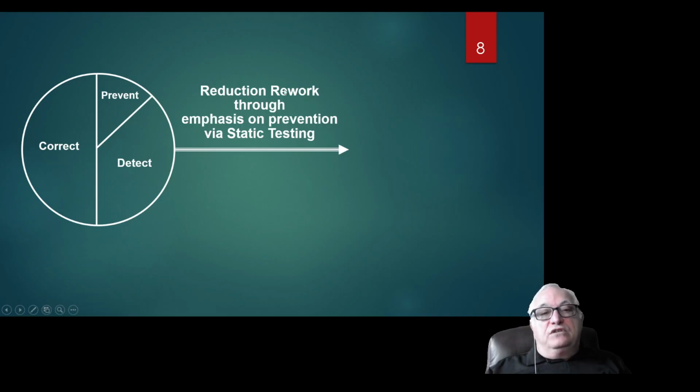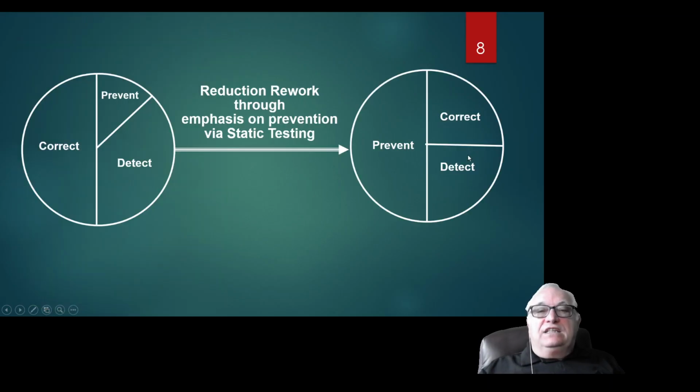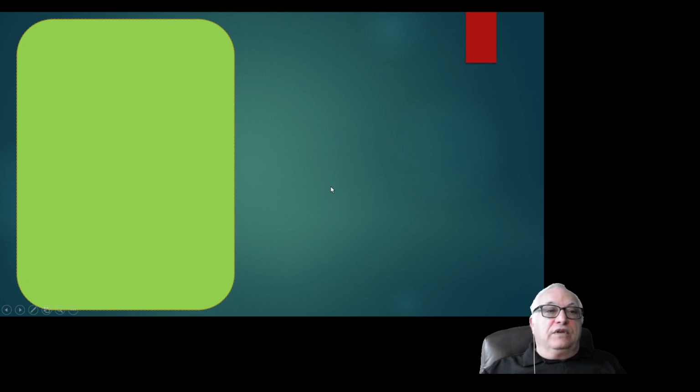So the goal is reducing rework through emphasis on prevention via static testing. Static testing is your prevention. So if you have static testing, then you are going to end up with a lot of prevention, which is cheap, and then some detection and correction, because you are always going to have some kind of error. So let's look again at the universe of static testing.